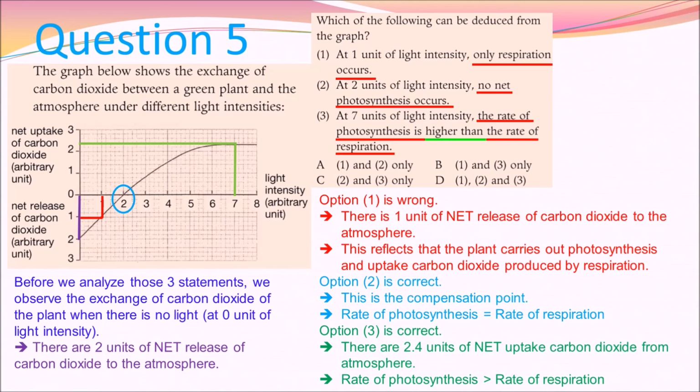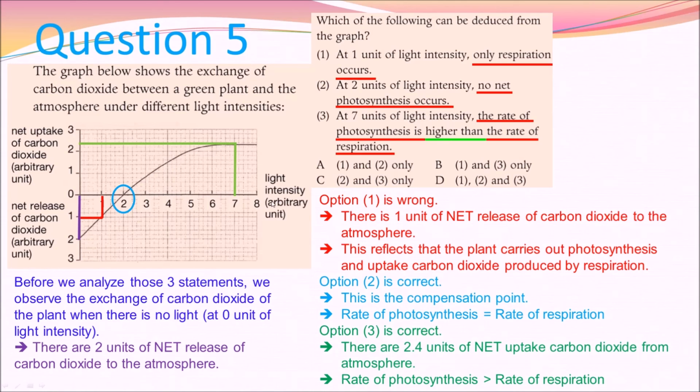It means that photosynthesis is faster than respiration, because once photosynthesis is faster, it needs more carbon dioxide than before. Even though the plant can provide 2 units of carbon dioxide by respiration to itself, it still needs extra carbon dioxide from the atmosphere. That's why there is net uptake of carbon dioxide.